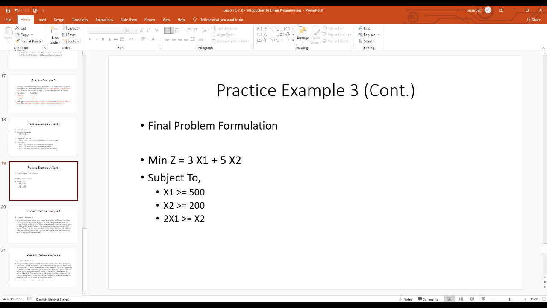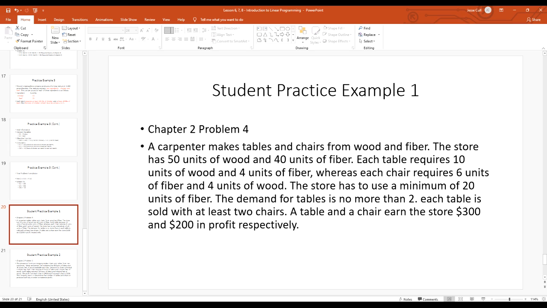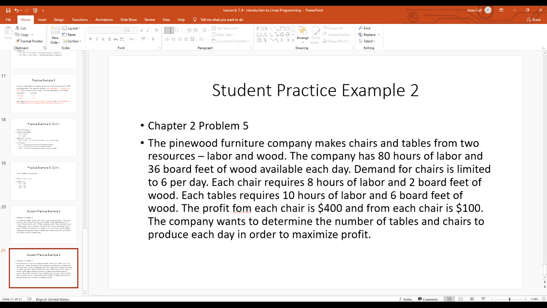This is our wrap-up for lesson number 8, because what you are going to do now is solve practice example 1 and practice example 2. This information will be uploaded to our group chat. You are expected to solve it and answer the quiz accordingly to test for your comprehension.